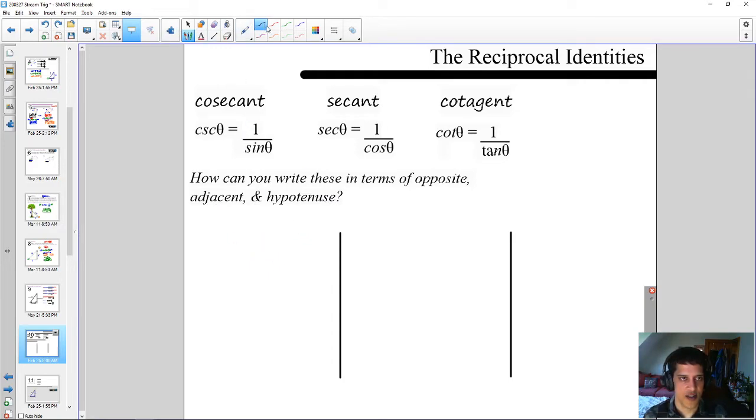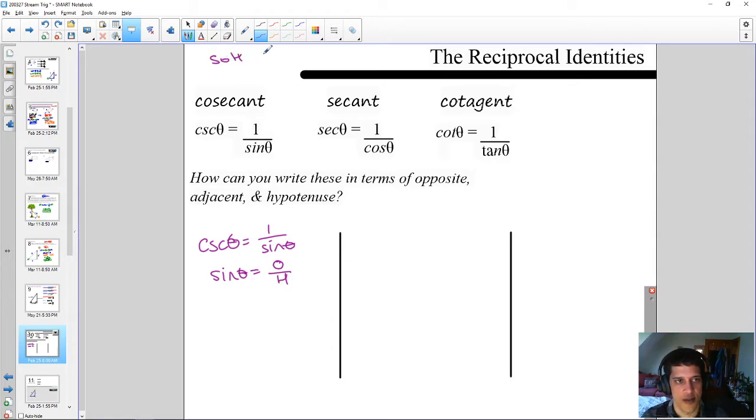So we see that cosecant theta is 1 over sine theta. Sine theta is going to be, if we remember, opposite over hypotenuse.